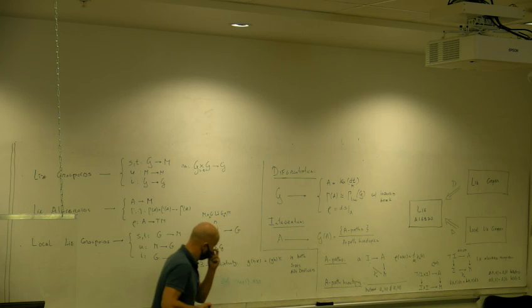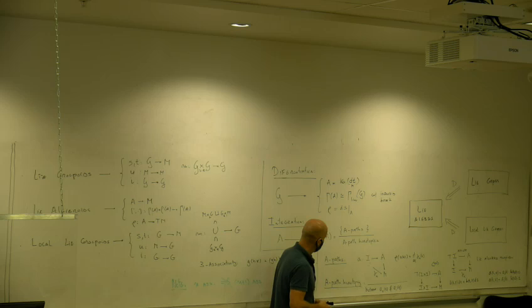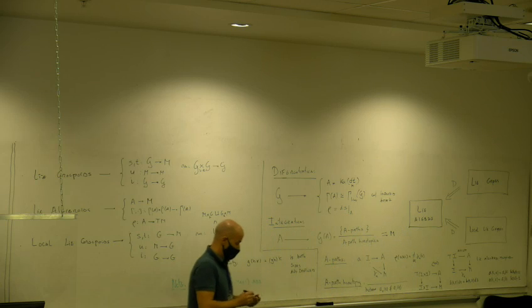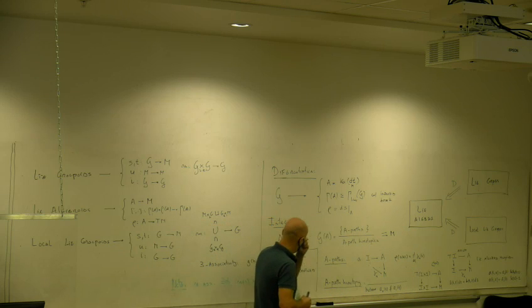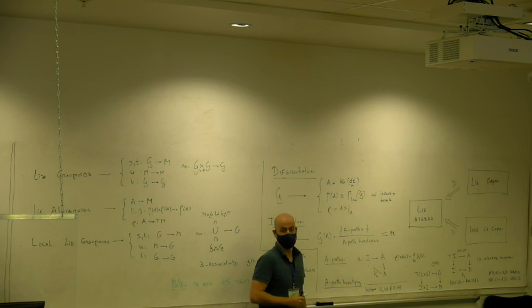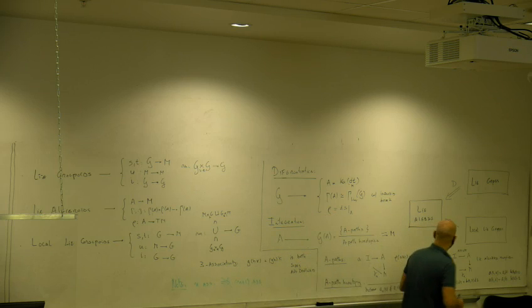Working in this way and defining multiplication to be concatenation of A-paths, you do get a groupoid over M. You can choose a nice topology on the space of A-paths, say the C1 topology, and put the quotient topology on this, and this is a topological groupoid.